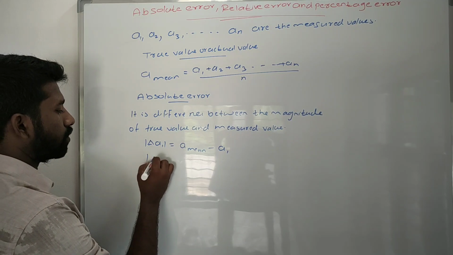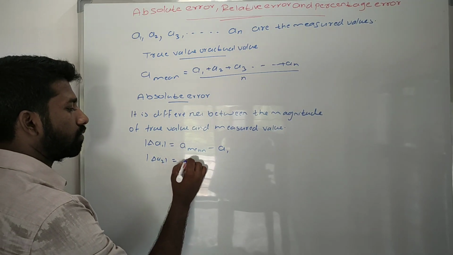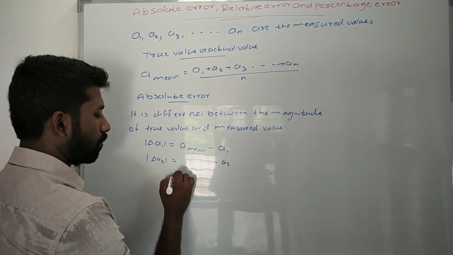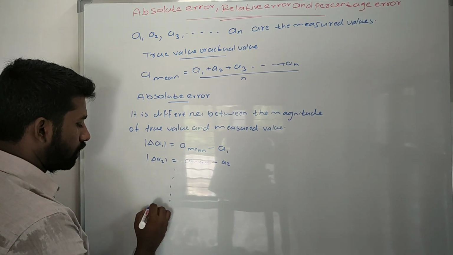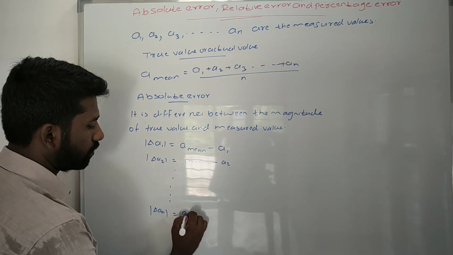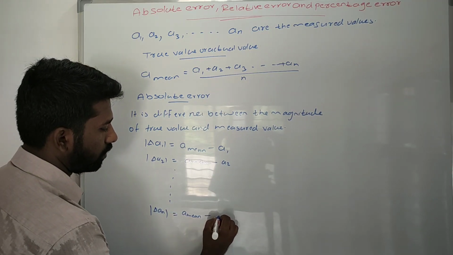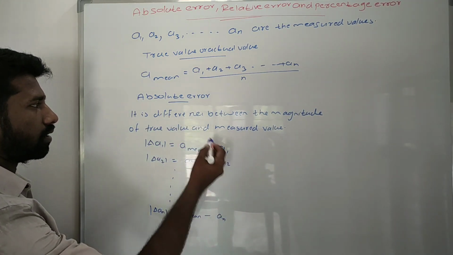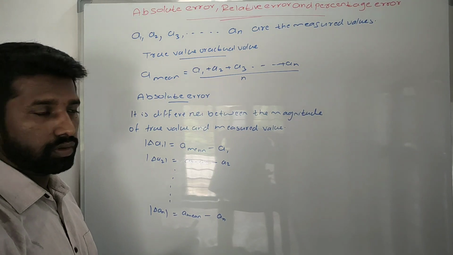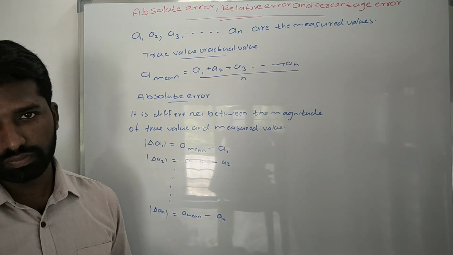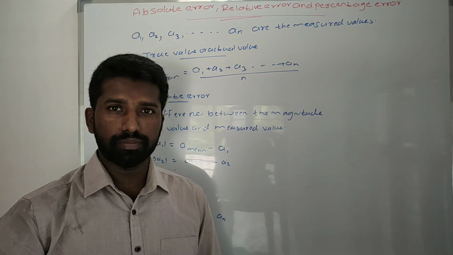Next, modulus of delta A2 is A mean minus A2, up to modulus of delta AN, which is A mean minus the nth measured value. This is the absolute error in each measured value. Clear?